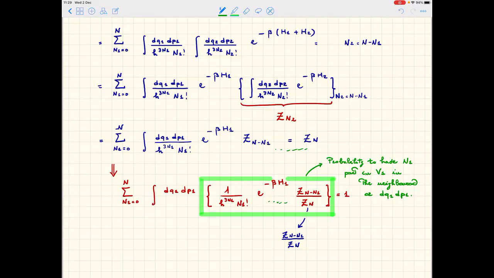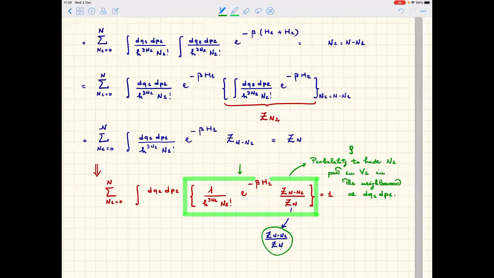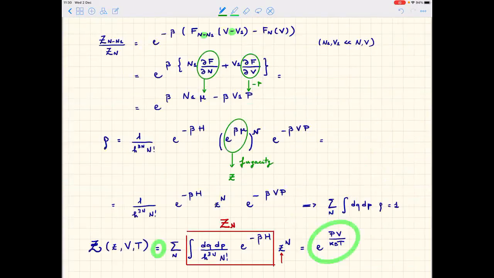And therefore, whatever is sitting in this box, I define it as the probability density rho to have N1 particles in V1 in the neighborhood of dQ1, dP1. Then I found an expression for this ratio. I said rho is equal to this. Right?